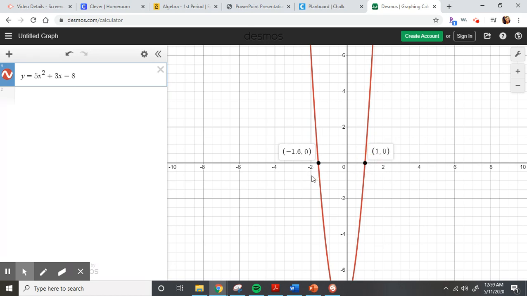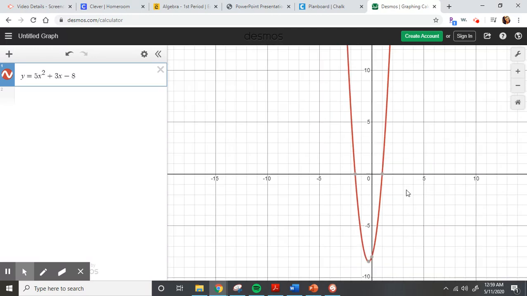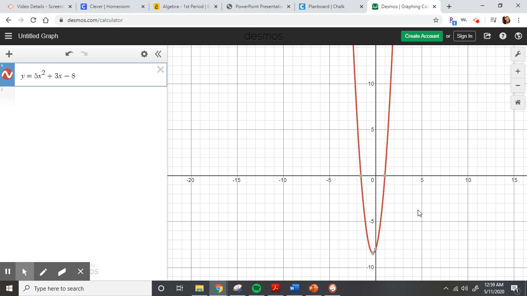Well, come to find, negative 1.6 is negative 8 over 5, so we did that one correctly. Okay, very narrow, stretched, because our A is 5, so we know it's going to be stretched. And our vertex is all the way down here at negative 1/3 and negative 8.45. So we wouldn't want to calculate this one by graphing, so it's a good thing that we know how to solve by factoring.